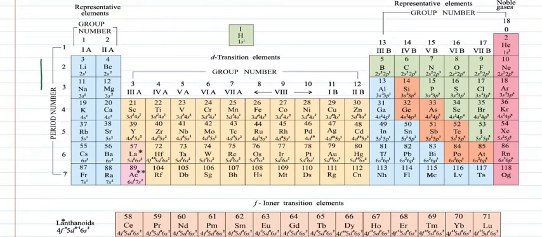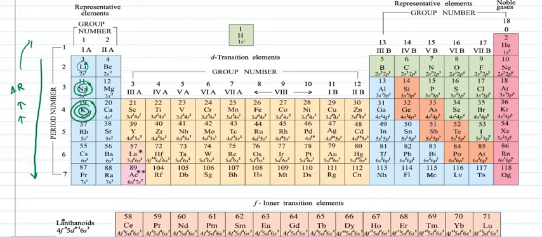Going down the group, atomic radius will always increase. Why is it increasing? Because as you go down the group, the number of shells is increasing.